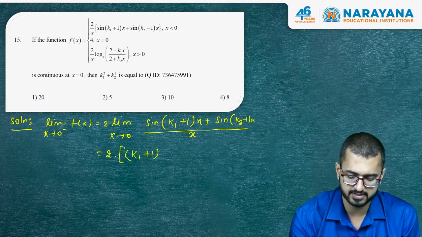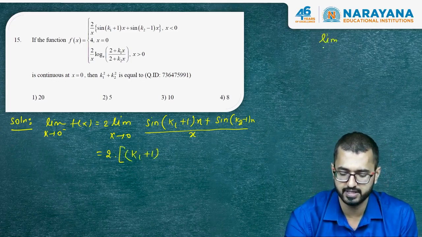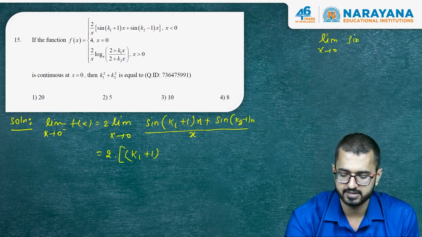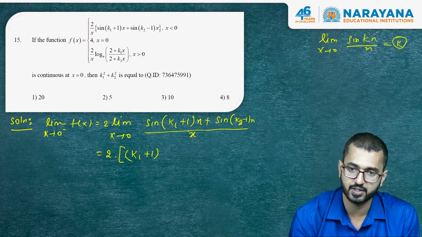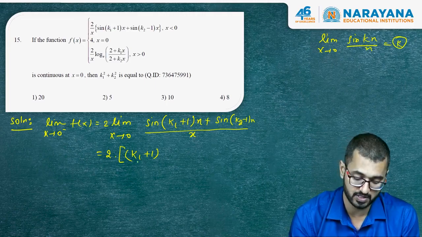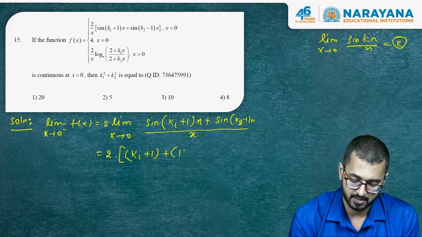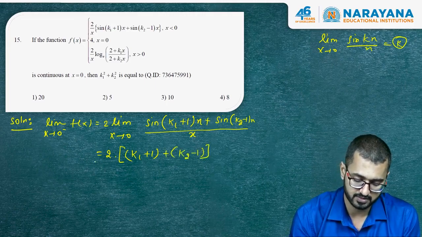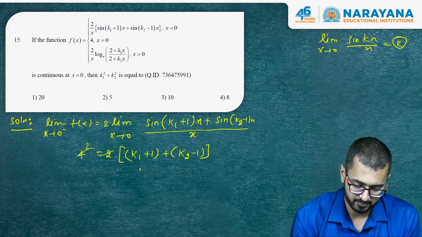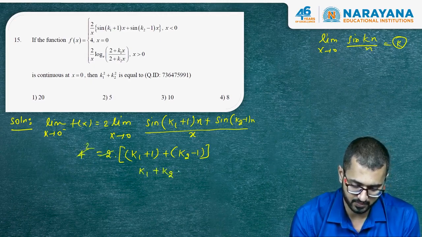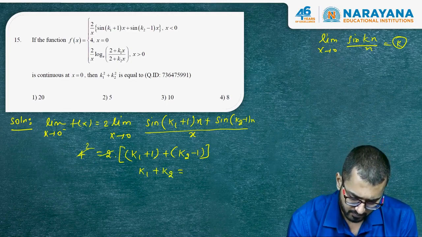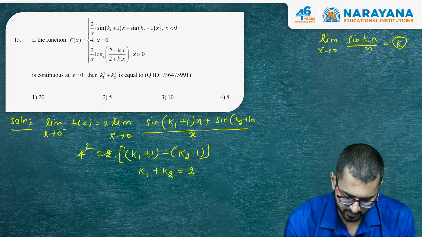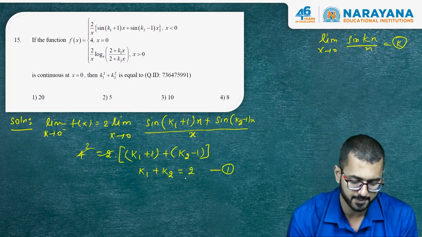It's like limit x tends to 0 of sine of kx by x, where we get k, so we are using that concept. So we get k1 plus 1 plus k2 minus 1, and this must be equal to 4. From here, the 1 gets cancelled, so k1 plus k2 is 2. Call this equation 1.